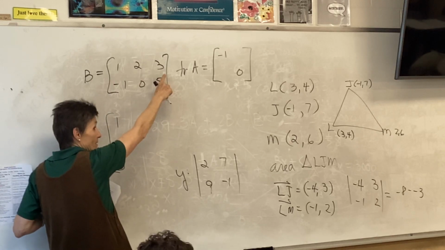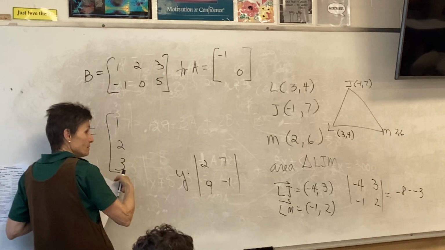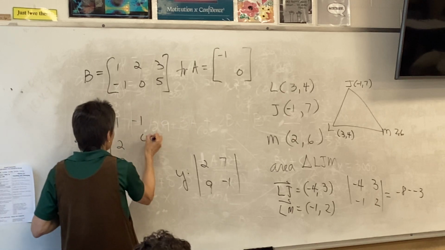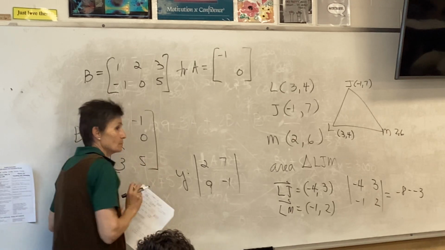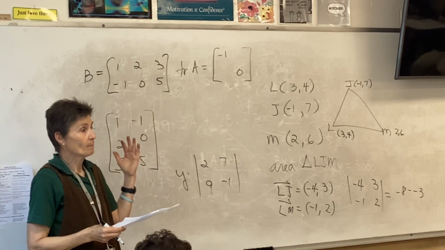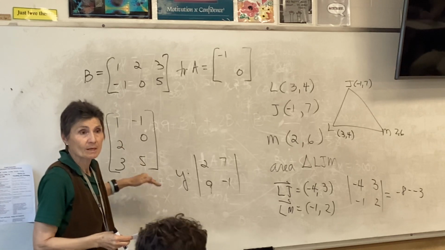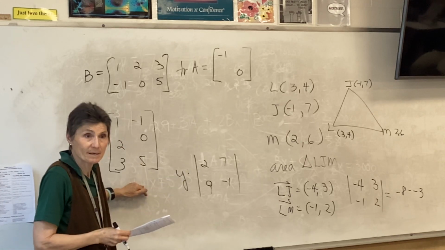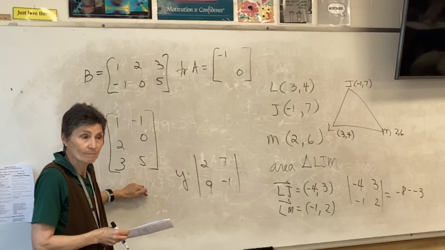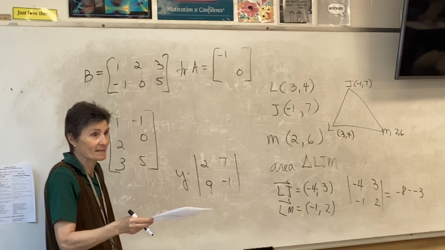Row 1 is now column 1, and row 2 is now column 2. That's it. So the original matrix was 2 by 3. The transpose obviously will be 3 by 2. It always makes sense.